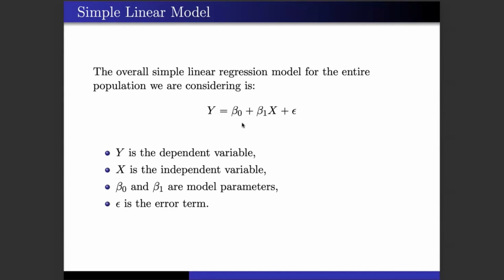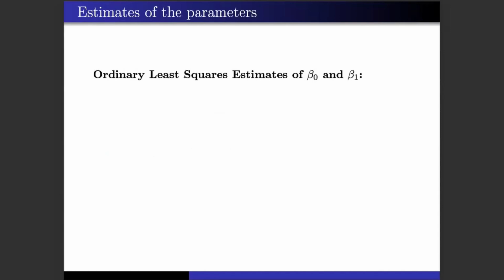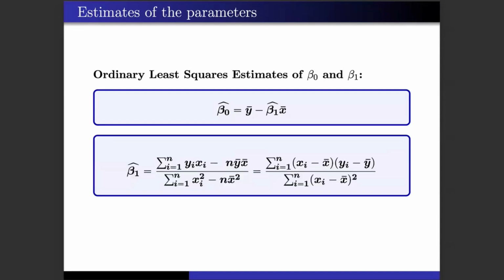So far, we have seen how to get an estimate of these parameters by minimizing the overall error present in the data set. And the particular method we use for that is the ordinary least square estimation method. In this method, we minimize the sum of squared error to get beta naught hat and beta 1 hat.